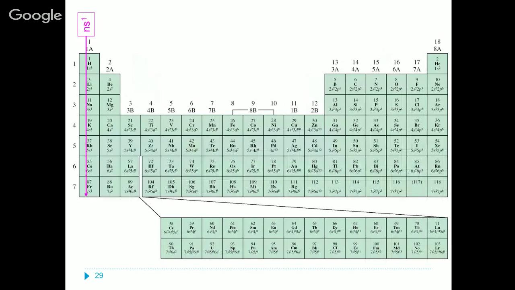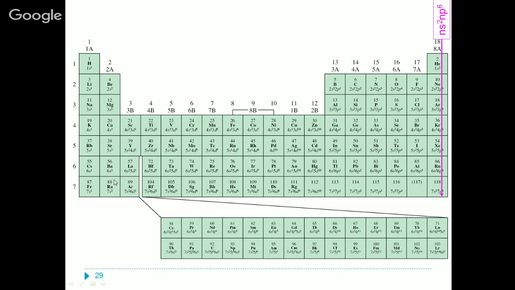So this slide here shows what our standard notation is for our outermost electrons, which we call valence electrons, and we'll talk more about that later. So 1 electron, 2 electrons, we move over here, total of 3 electrons, 4 electrons, 5 electrons, 6 electrons, 7 electrons, 8 electrons.